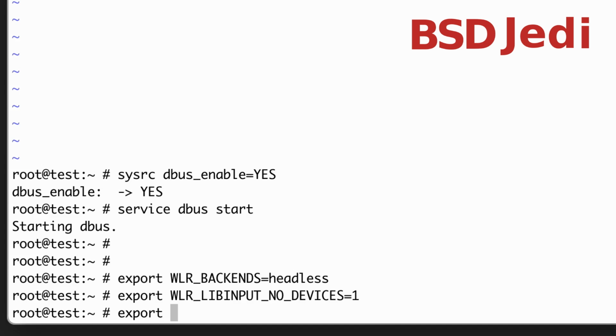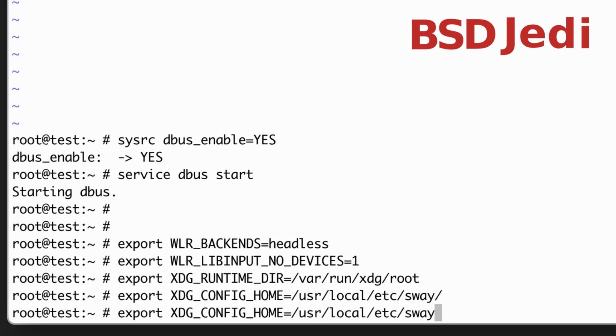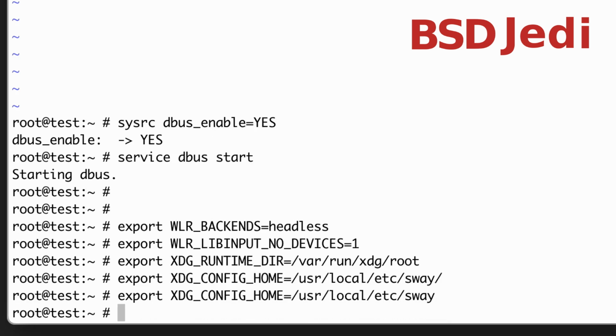Export XDG_RUNTIME_DIR equals /var/run/xdg/root. And I think we can put the other one, XDG_CONFIG_HOME, it's on /usr/local/etc/sway. I think we don't need the stuff here. And sway -d.